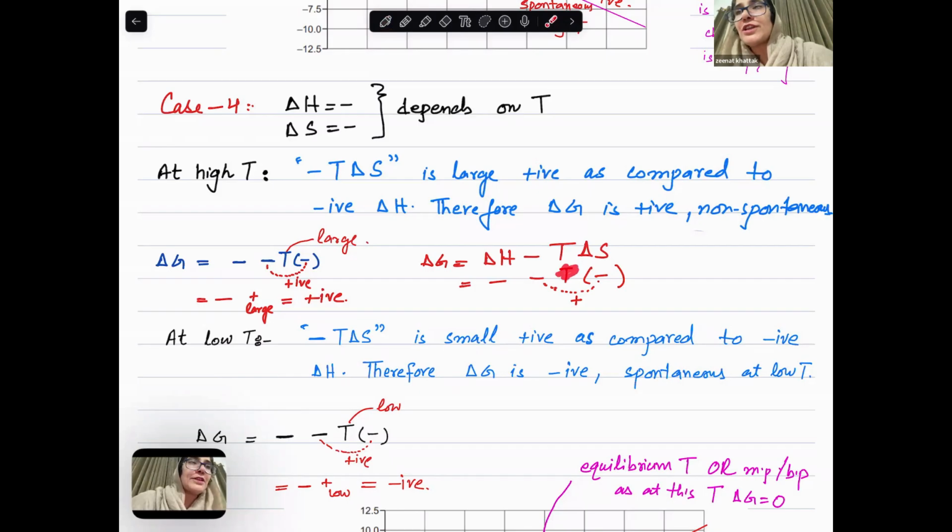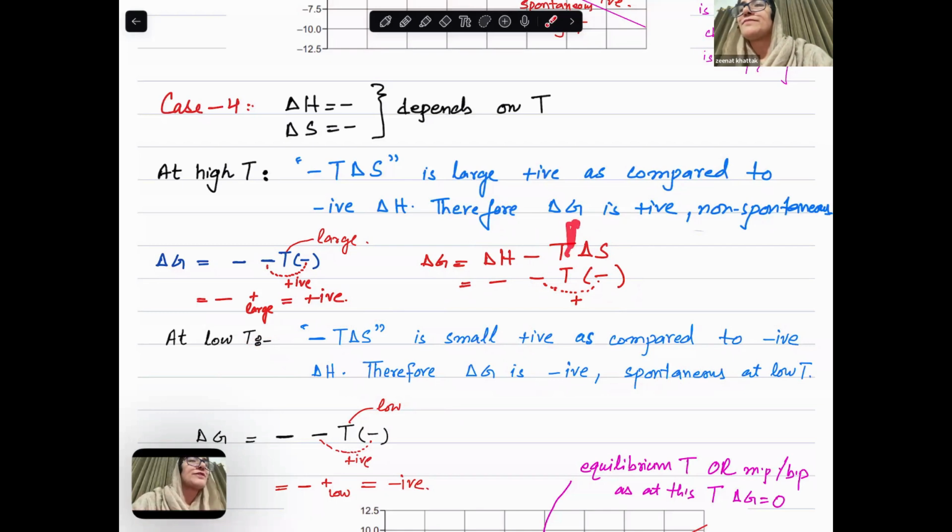If the temperature is low, the minus T delta S is small positive. Right? If temperature is low, minus T delta S is small positive as compared to negative delta H. So the delta G would be negative, spontaneous at low temperature.